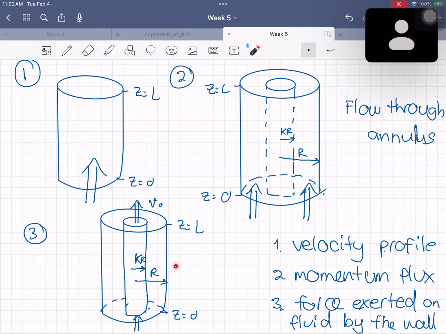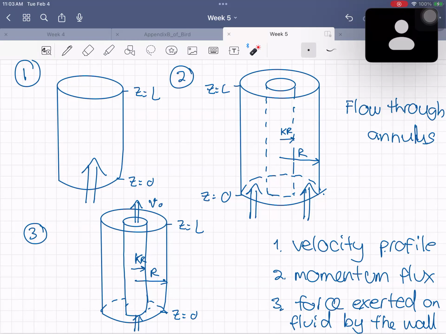It's still in the annulus, but the rod in the inner pipe here is moving up, while this one is fixed. This is three questions, three answers that you need to find. If you can draw the profile of the velocity, momentum flux, and also force, that would be nice too, but it's not required.